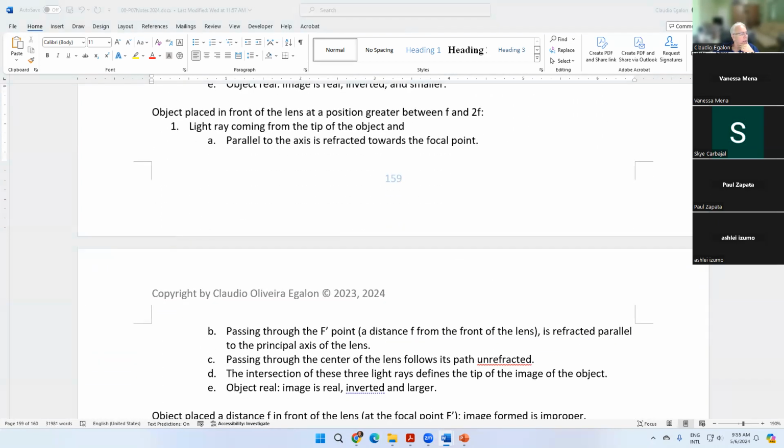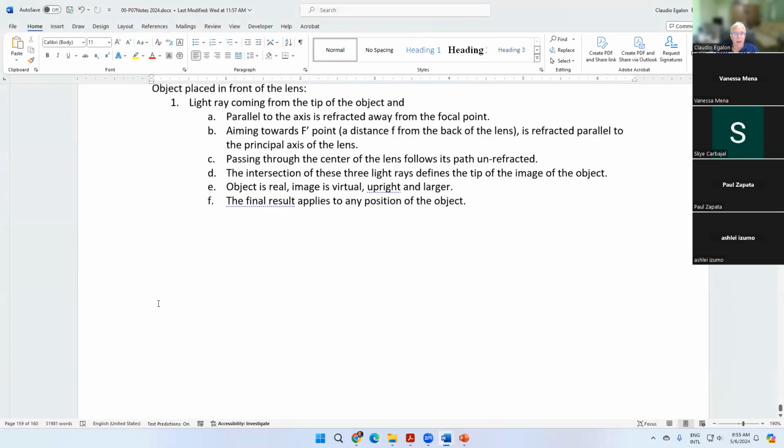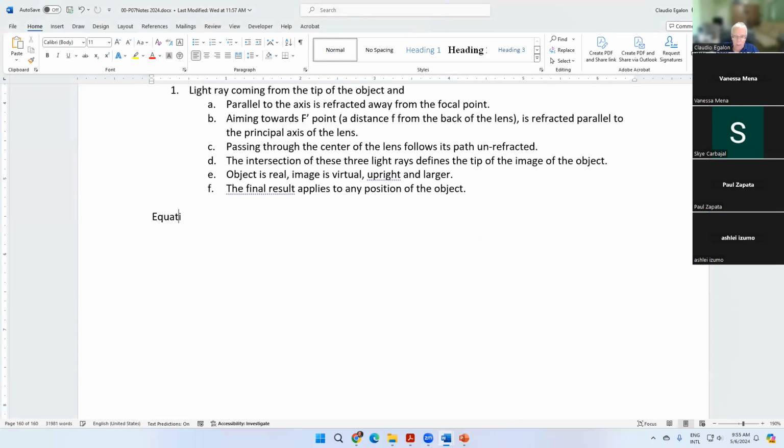And here we go. The equations of the thin spherical lens. It's going to be exactly the same as that for the mirror.